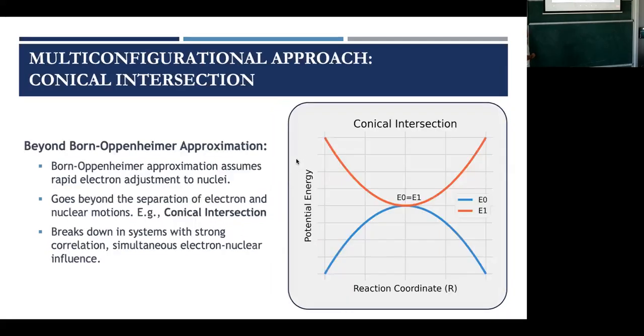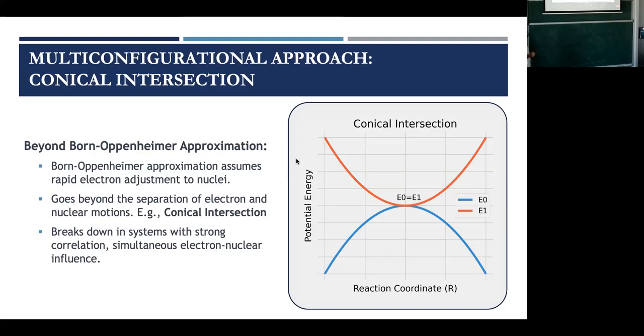And the second case is where the Born-Oppenheimer approximation fails. We all know that the Born-Oppenheimer approximation assumes that electrons can readjust according to the position of nuclei very rapidly. There are cases where the Born-Oppenheimer approximation fails.